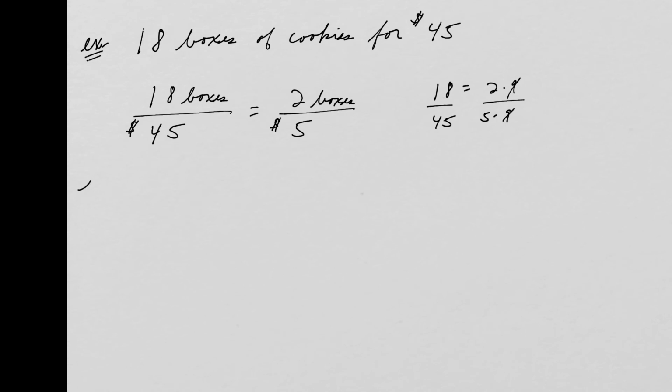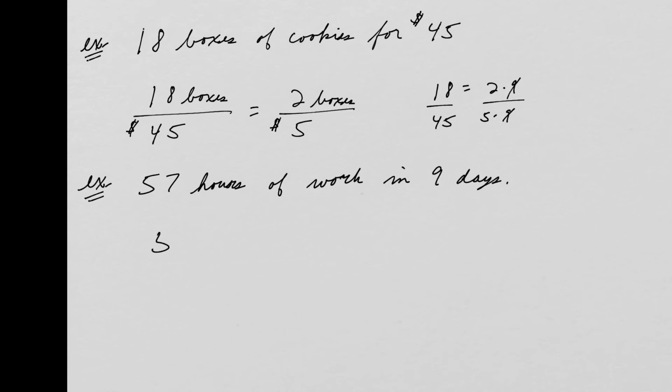Okay, here's another example. Let's say you're told 57 hours of work in 9 days. Okay, so I'm going to form the ratio, which is really going to be a rate because they have different units here. So it's 57 hours over 9 days. And then can I simplify?